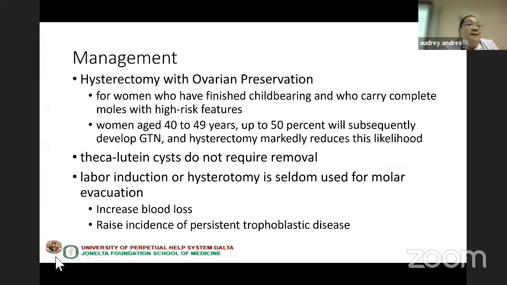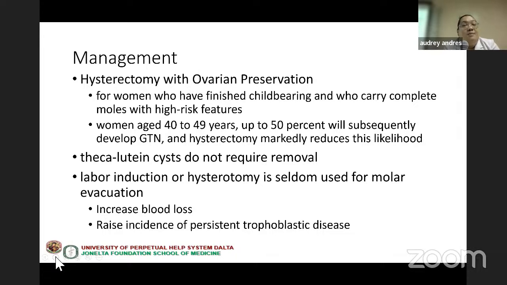Other management, especially if the family size is completed, you can do your hysterectomy with ovarian preservation.